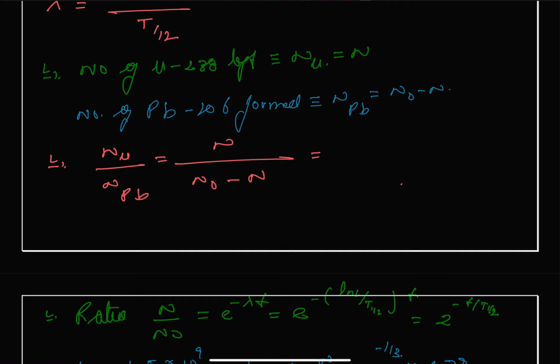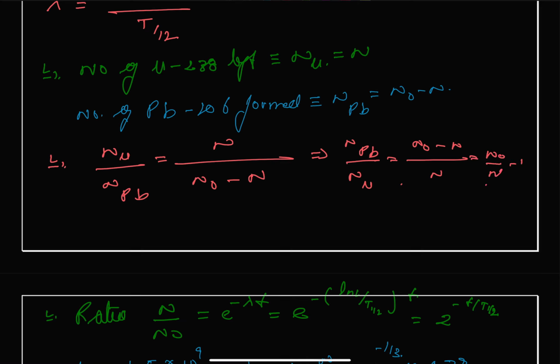So the ratio of lead upon uranium can be written as N naught minus N divided by N, giving us N naught upon N minus 1.